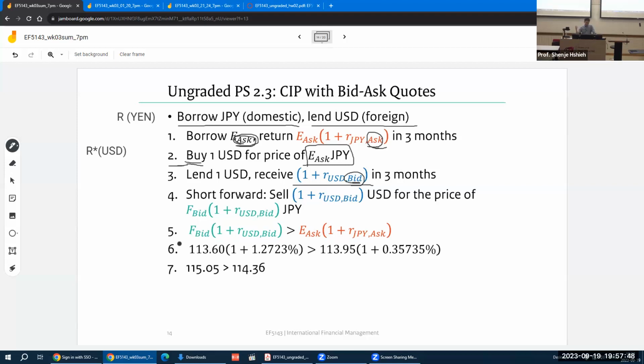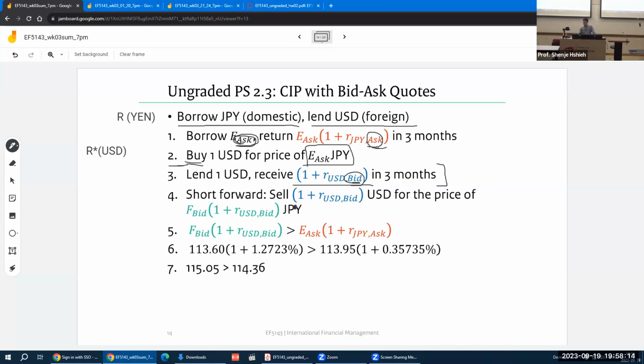All right. Step 4, I think it should be clear. Based on last week, when you have such a scenario, our source of FX risk comes from step 3. Our return is risky, and we need to engage in a forward contract to eliminate that risk. In other words, we want to sell it off, get rid of it.